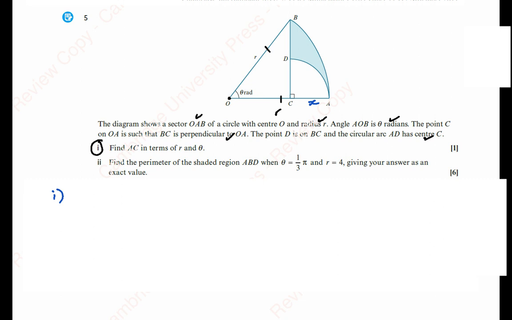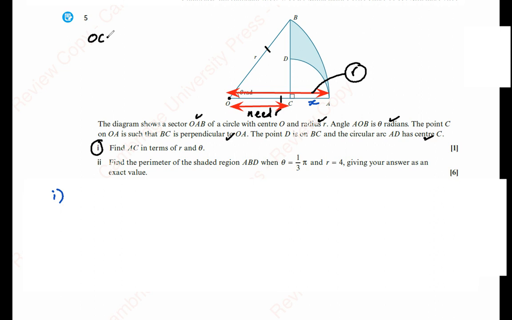Can you see that? Let me draw it in here. OA minus OC is going to equal X, right? But what is OA? OA is R. So all I need is OC.